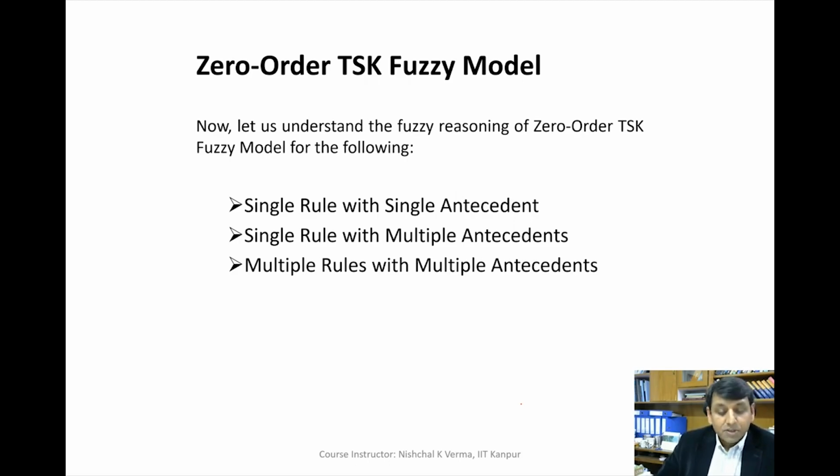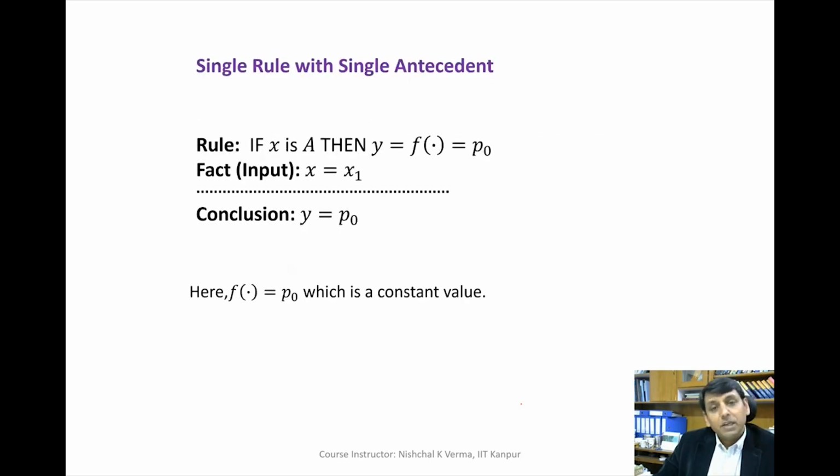The first case is a single rule with a single antecedent type of TSK fuzzy model, and let us first understand how we are going to compute the output for this case.